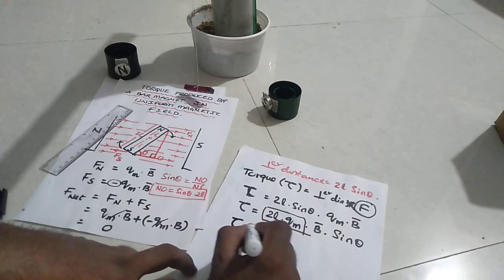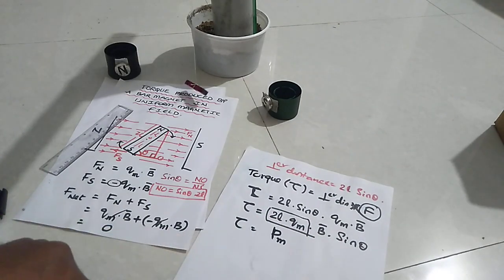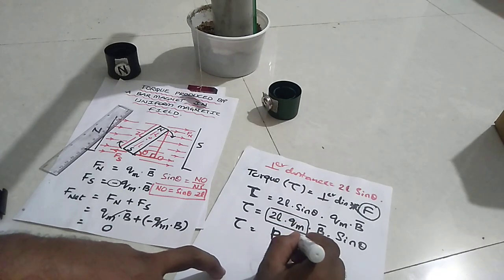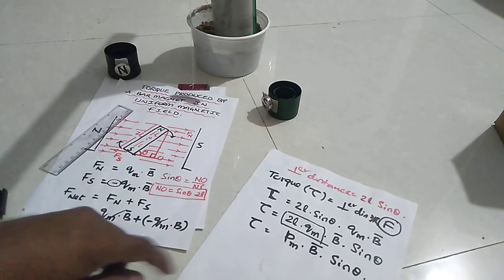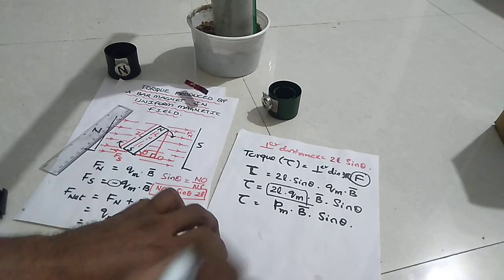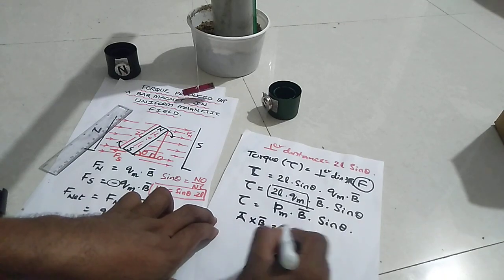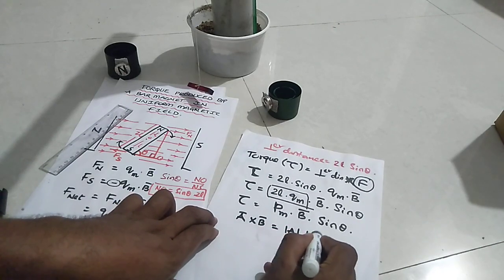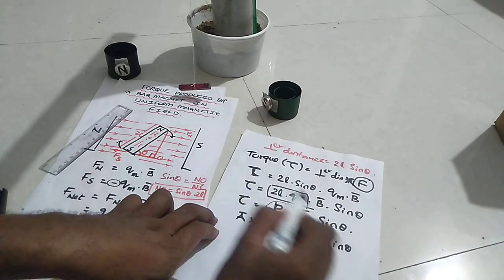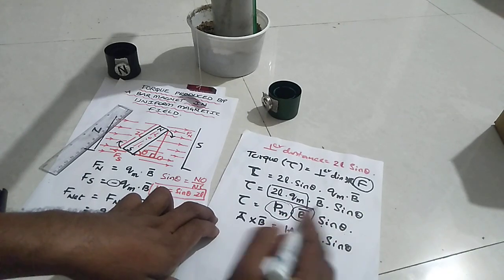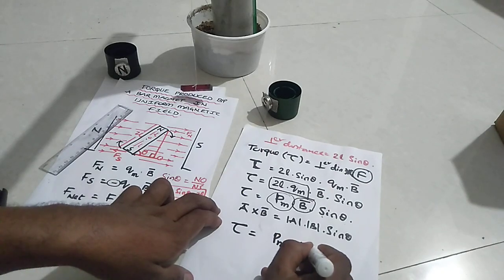So instead of writing 2L into qm, I can write pm, the magnetic moment, into b into sine theta. Now just guess what product this is in vectors. What is A cross B? Magnitude of A into magnitude of B into sine theta. So in place of A is pm, and in place of B is B sine theta. So tau is equal to pm cross product B.